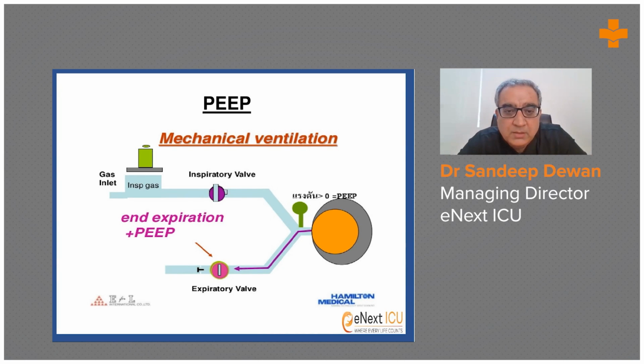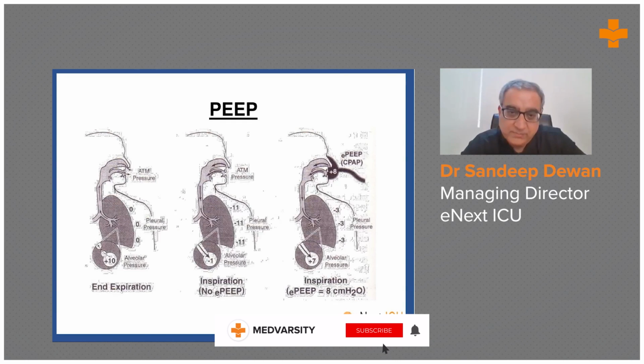This is how the gas is going, and we have a gray area which shows inspiration. If we apply a PEEP, the alveoli do not close completely, and they stay open even at the end of expiration and maintain the oxygenation. That is why this is known as positive end expiratory pressure, and it improves the oxygenation.